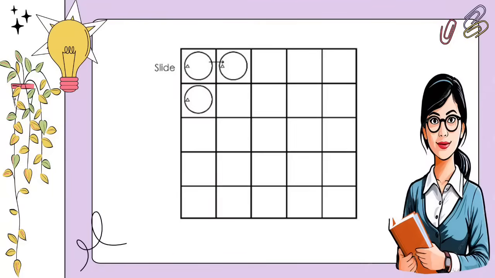Now let's try a different movement. Students, observe carefully. Now let us trace the circle and the small triangle again in the leftmost cell of the second row and then flip the cutout to the right.